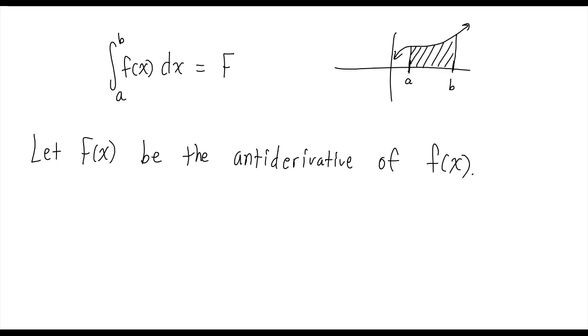So little f of x is the function. Capital F of x is the antiderivative. If I want to find the integral, which again is this area here, I will just find the antiderivative, plug in the top number, minus the antiderivative with the bottom number plugged in.